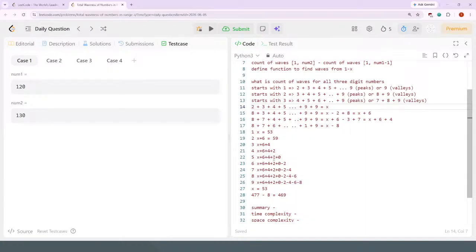Alright, so what's the calculation here? It says x plus 10. So it should be 50.